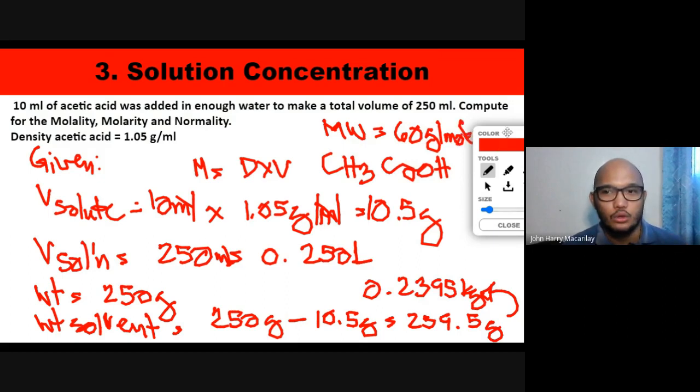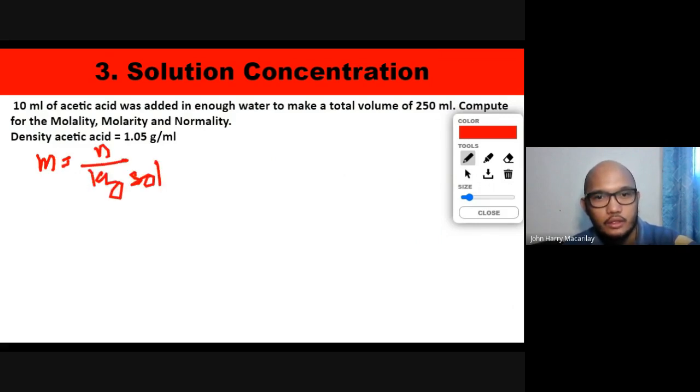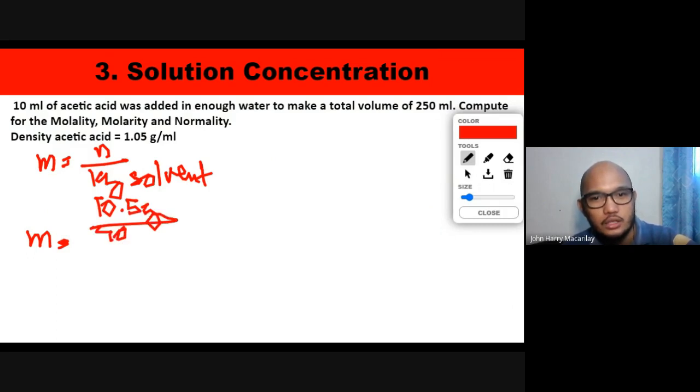Let's compute for the molality. Molality is in kilogram of solvent. So m equals 10.5 grams divided by 60 grams per mole.